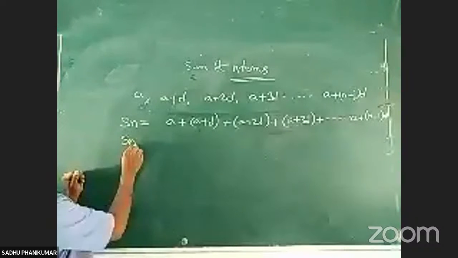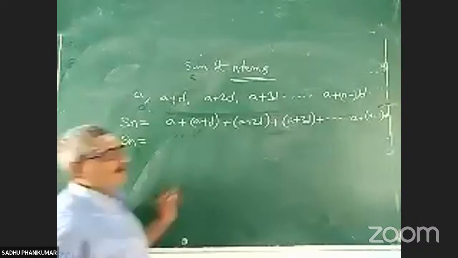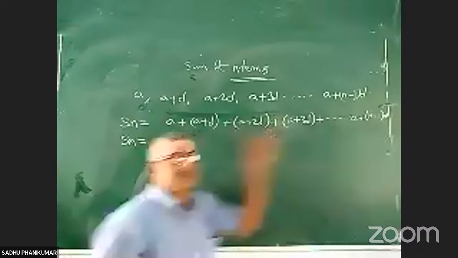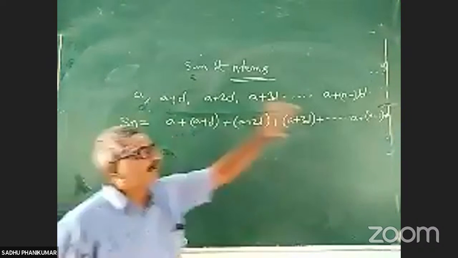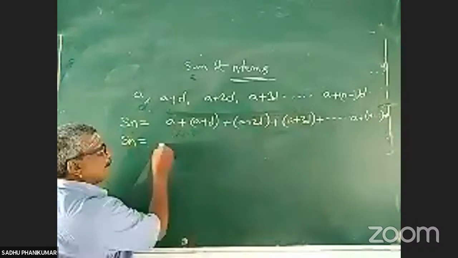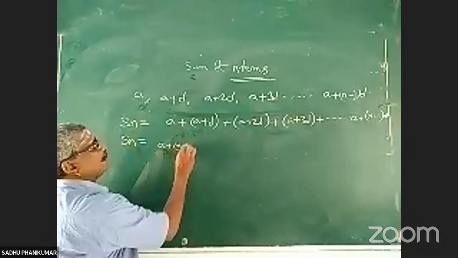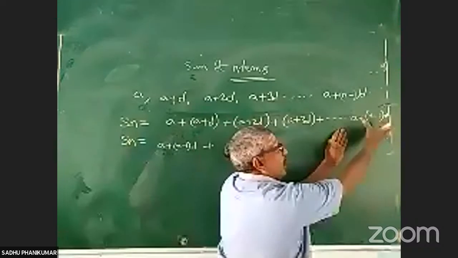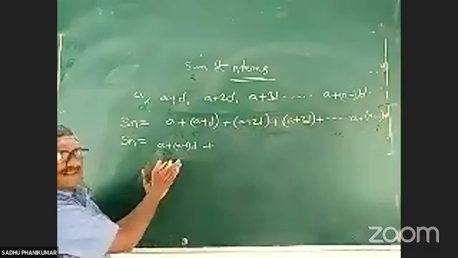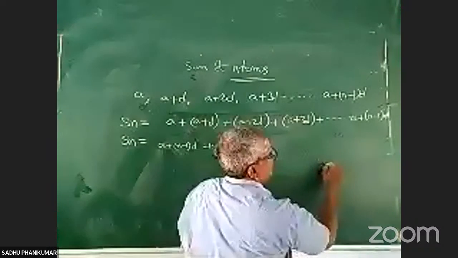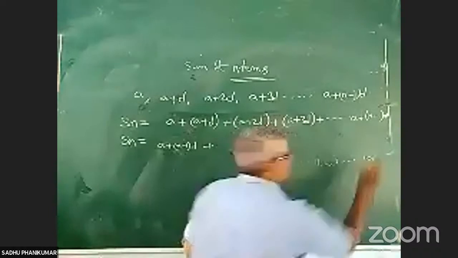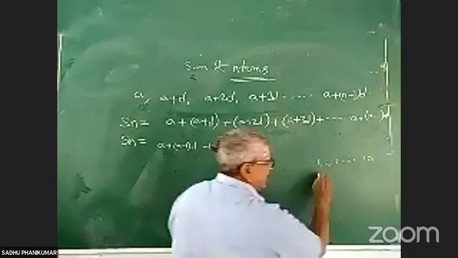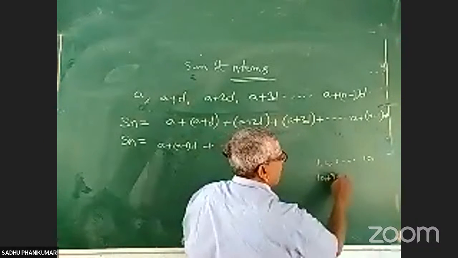Again, Sn is equal to, simply I am converting the last term into the first one and the first term into the last. The last term is a plus n minus 1 into d. I am writing the last term first, like 1, 2, 3, up to 10, and writing it in the reverse manner, 10 plus 9 plus 8 plus 7.